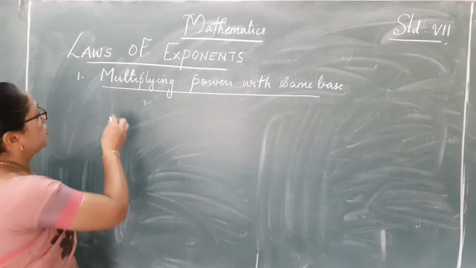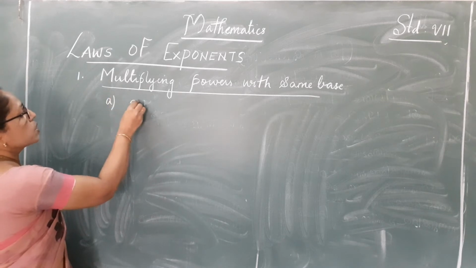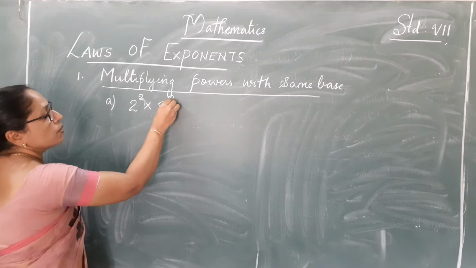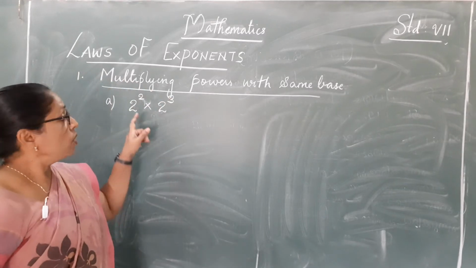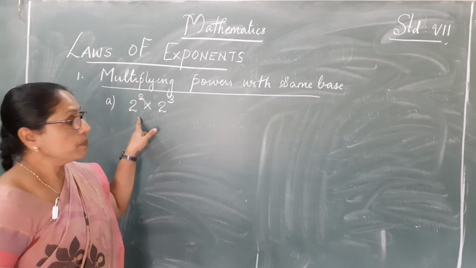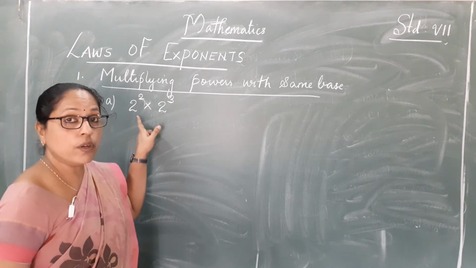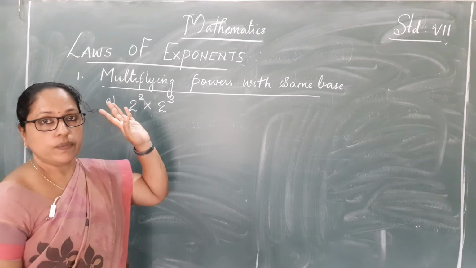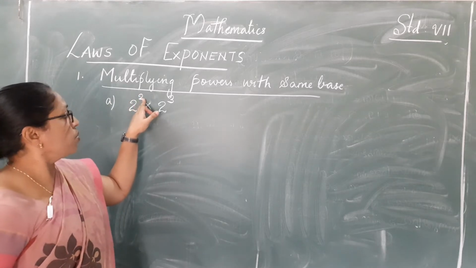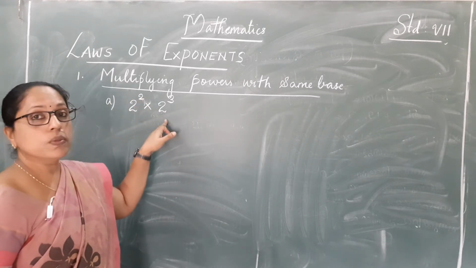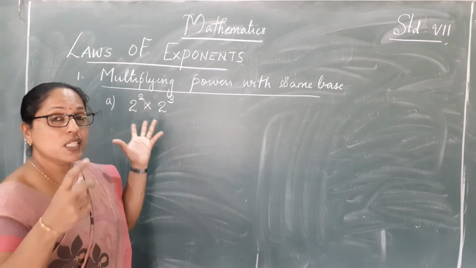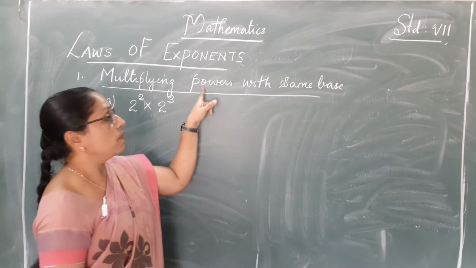For example, 2 raised to 2 into 2 raised to 3. You are familiar with this form. What do you call this? Yes, exponential form. 2 raised to 2, this we call in short form a power.